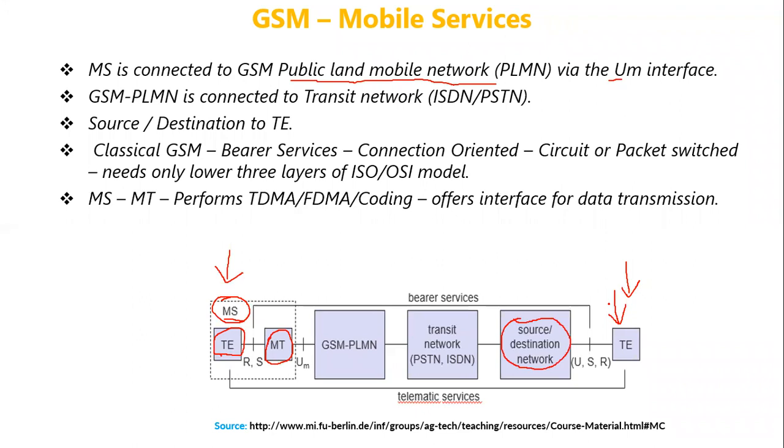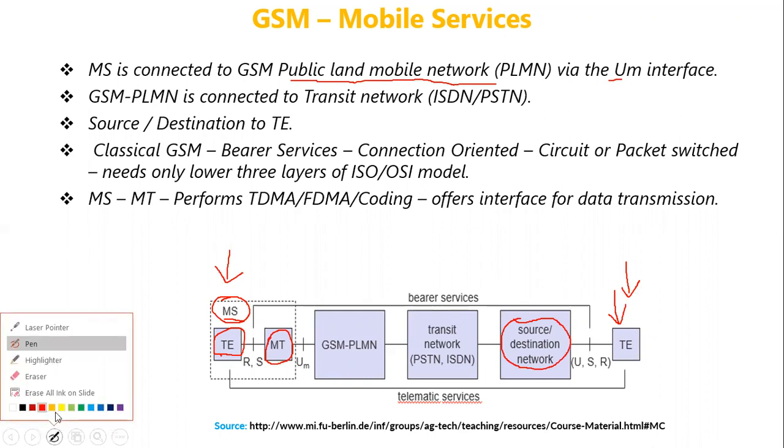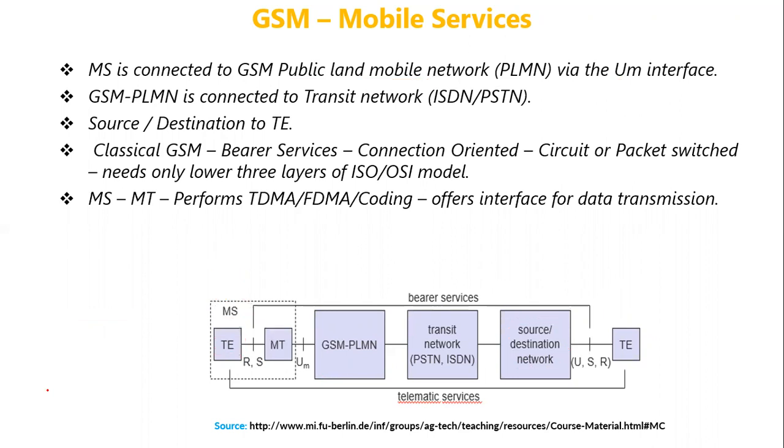In the mobile station, the mobile terminal performs tasks like TDMA, FDMA, CDMA, or any coding. All these things will be performed by the mobile terminal. It also provides the interface for data transmission.